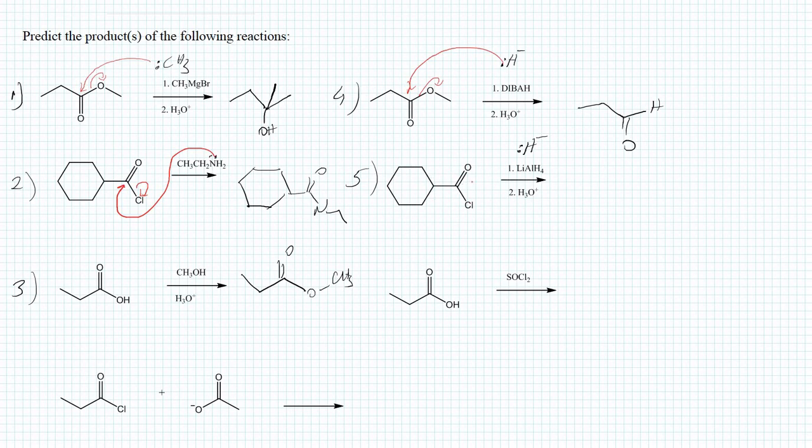Since this is an acyl chloride, the chloride will be the leaving group. In the first reaction, we will lose chlorine and it will be an aldehyde, but a second time another hydride will attack here, and we will have two carbon hydrogen bonds inserted, and this will be an alcohol. So let's write the alcohol product.